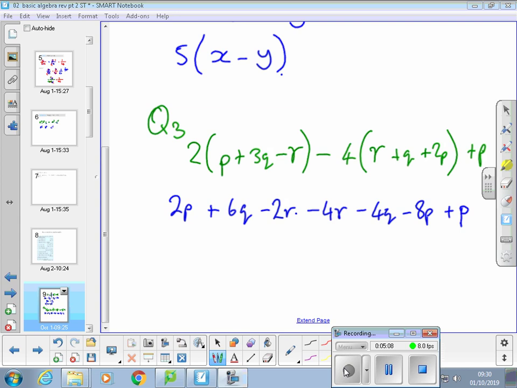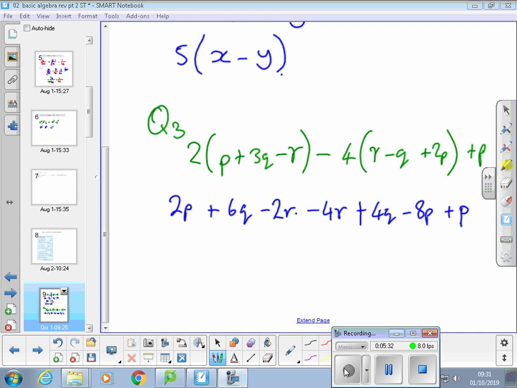Let's have a look. The minus q, beg your pardon. So this is in here. It's minus q. What does that make here? Minus 4 times minus q is plus 4q. Well spotted. So what we can do now is collect together like terms.